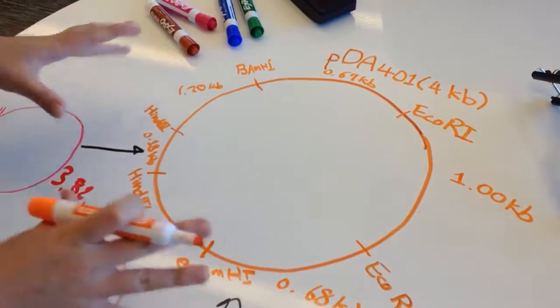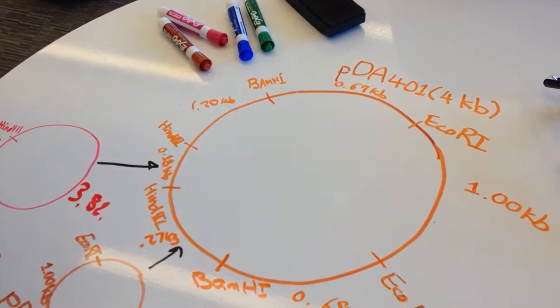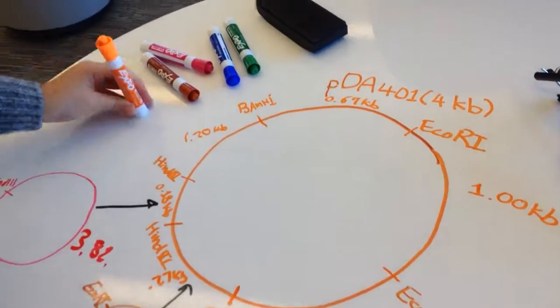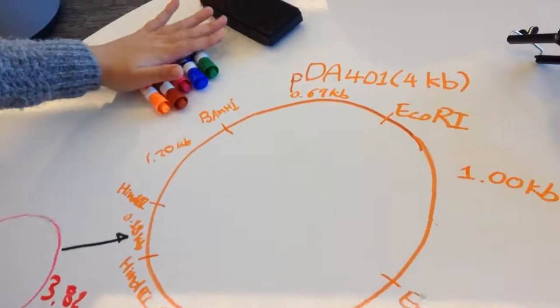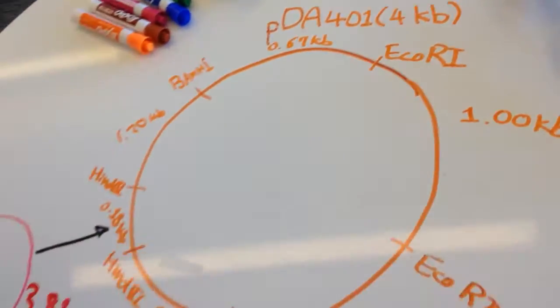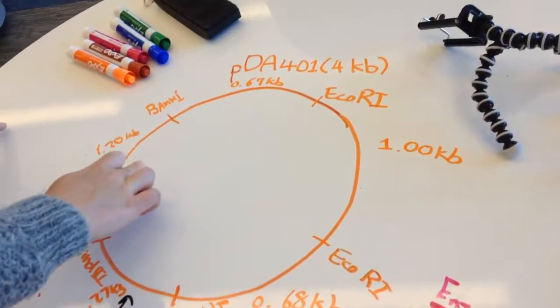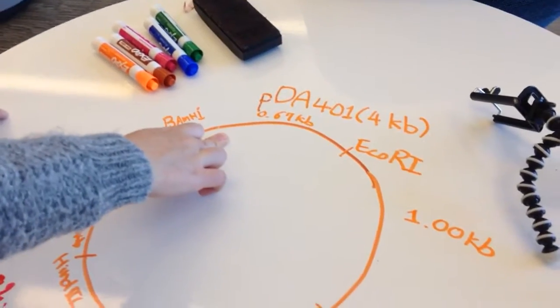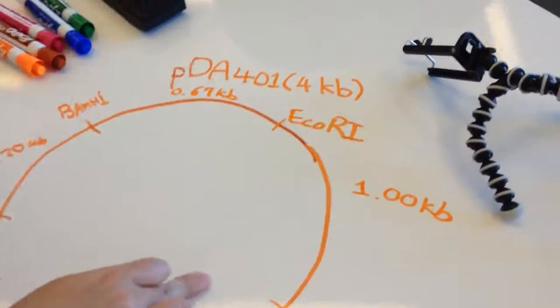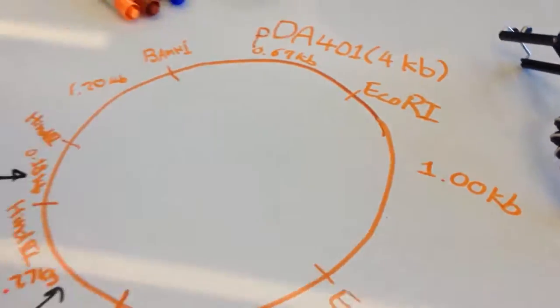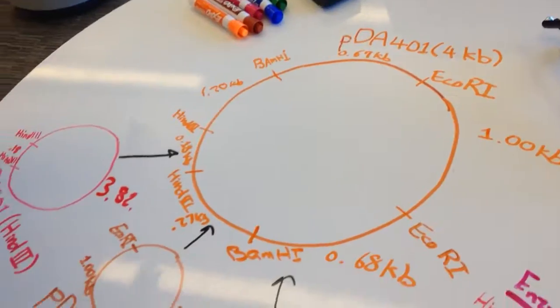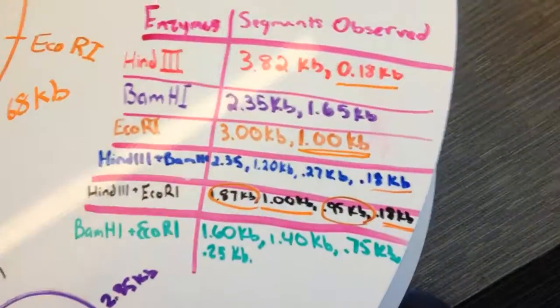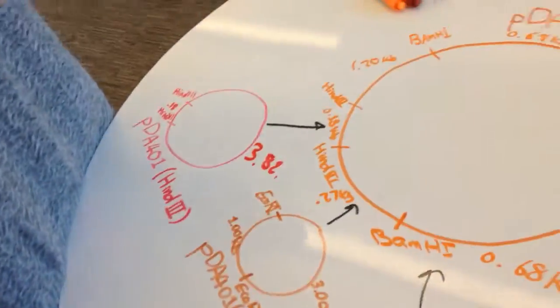And this is our entire restriction map for the plasmid of PDA 401. And then if we add up each kilobase segment, it all totals to 4 kilobases. And you can always check your work by comparing with the combinations here. And thank you.